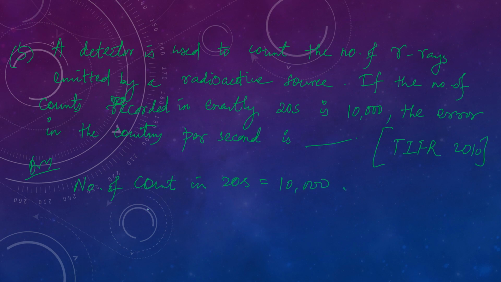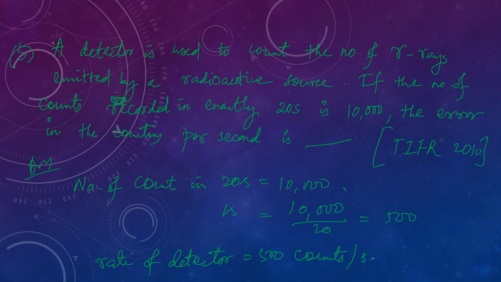So in 1 second, 10,000 divided by 20, that is 500. So the rate of the detector is 500 counts per second.